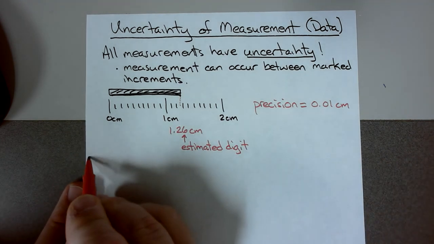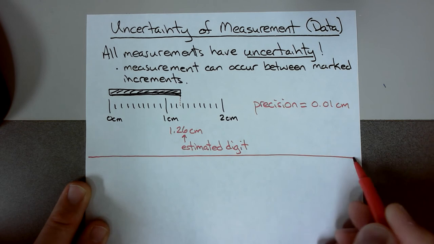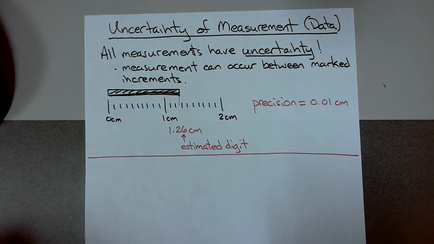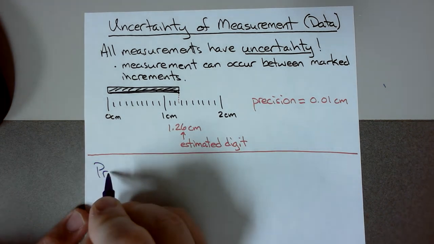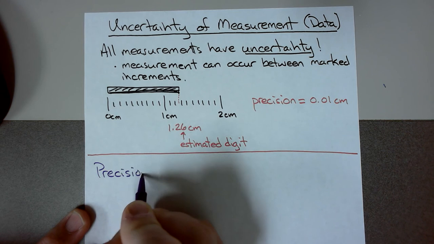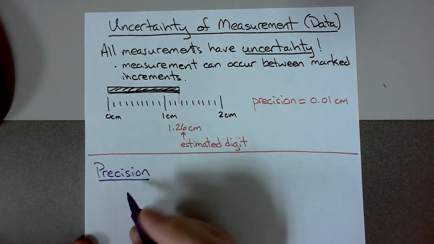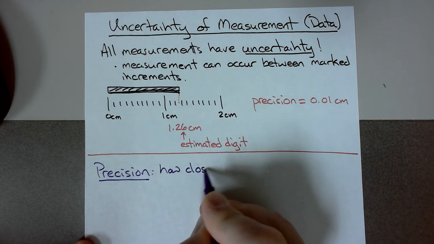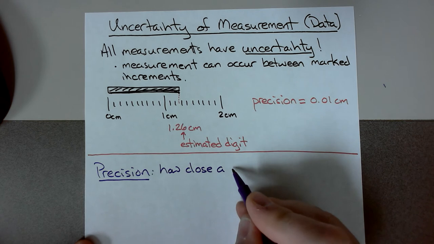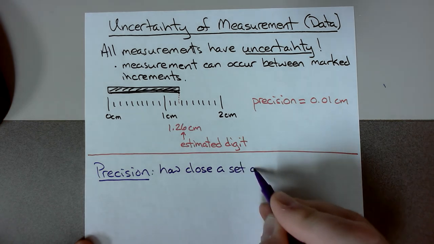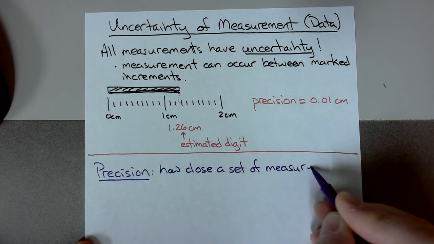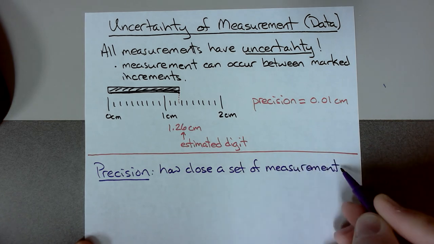Now, how do we know we have good measurements or data? There are two terms we're going to discuss right now. The first one is precision. And what is precision? It is how close a set of measurements are to each other.